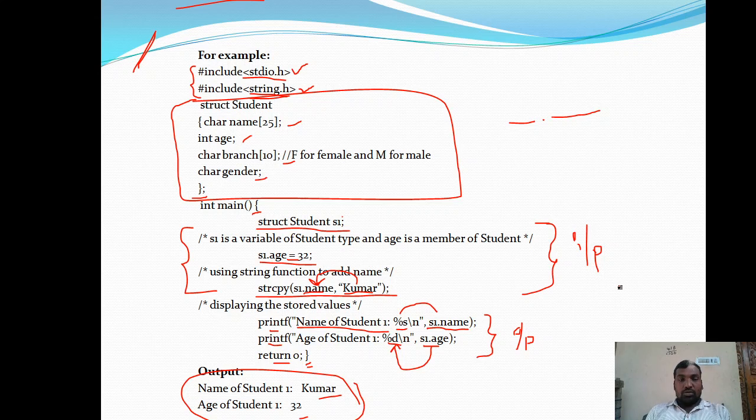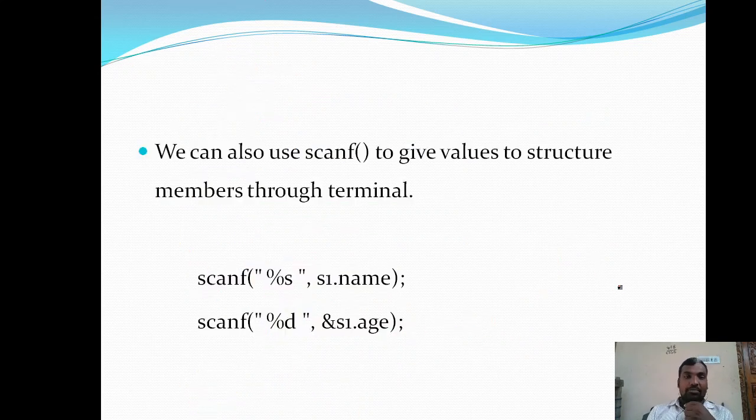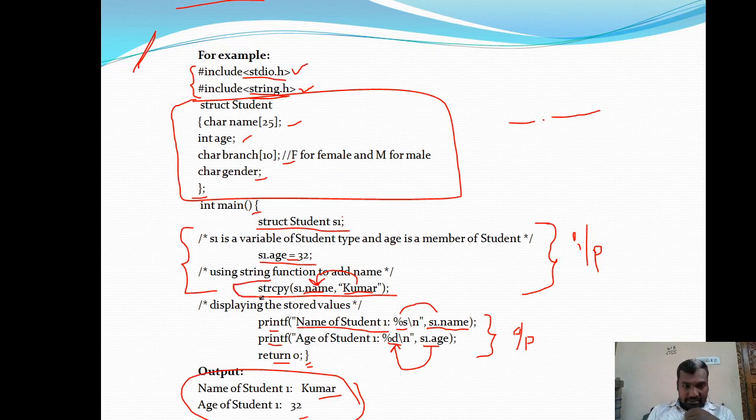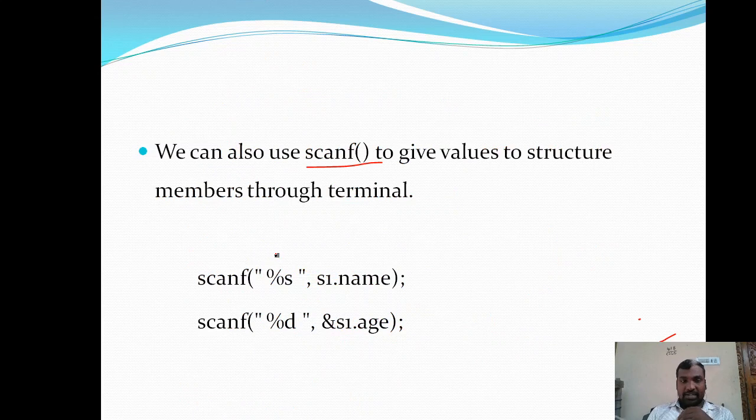So if you want to read the input from the user at runtime, you can use the scanf function. It is available in stdio.h, right? So we can use the scanf function. The string copy function statement and s1.age equals to 32, these two statements are replaced with these two statements.